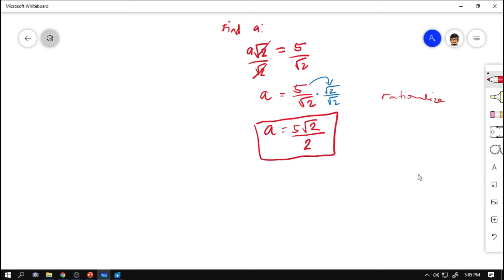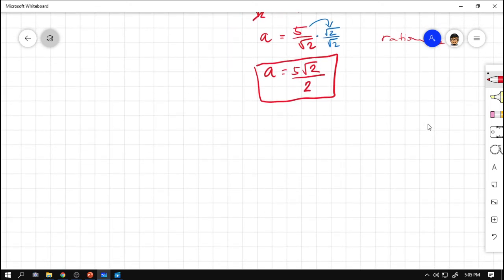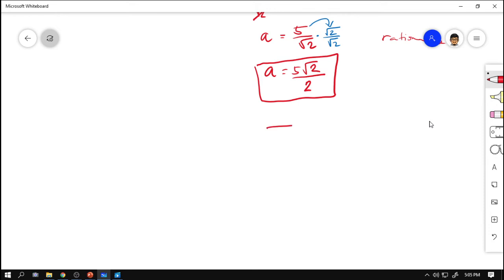Okay? So, kung babalikan natin yung sketch natin, okay, kung babalikan natin yan, so, if this is side A, this is also side A, and this is the radius.